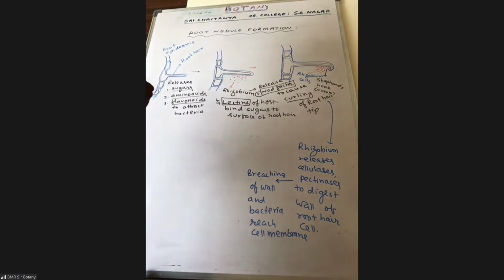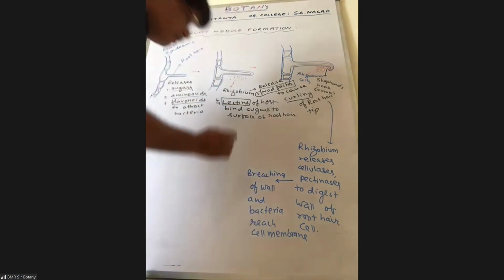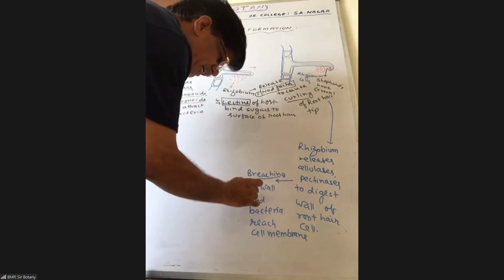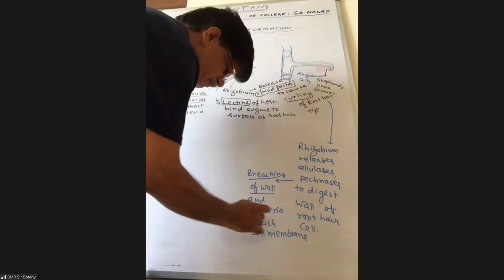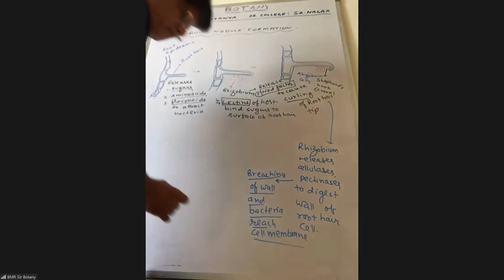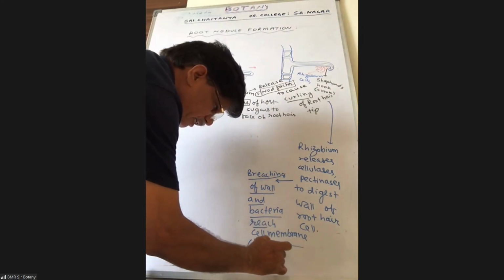So what happens now: bacteria will reach the cell membrane, meaning invade, breaching the cell wall, reaching the cell membrane. So literally it is invading the cell.